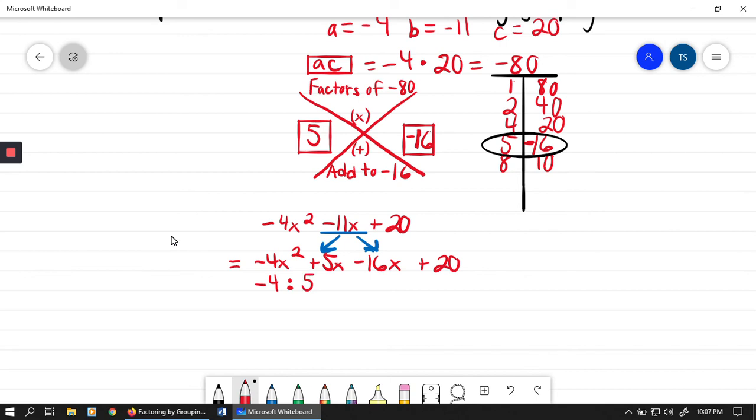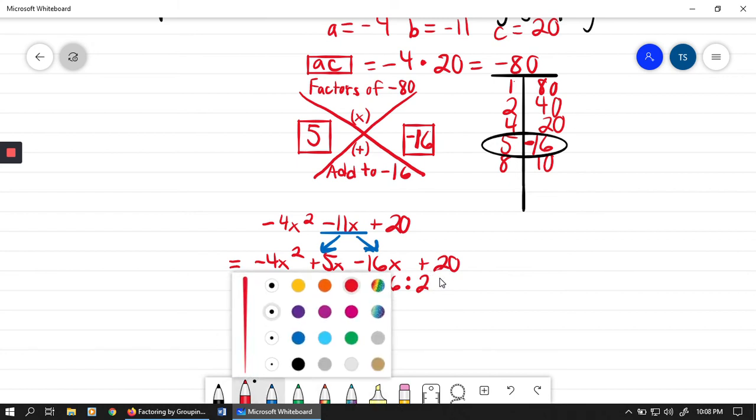That ratio here is negative 4 to 5, and the ratio for the last 2 coefficients is negative 16 to 20. Technically, these match.